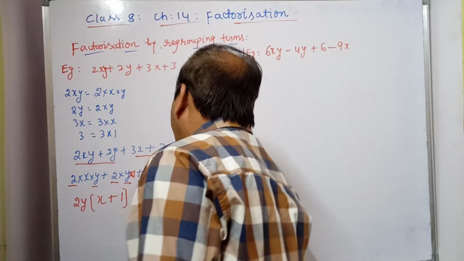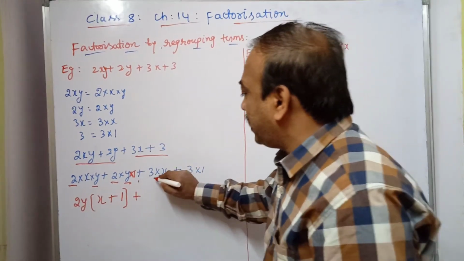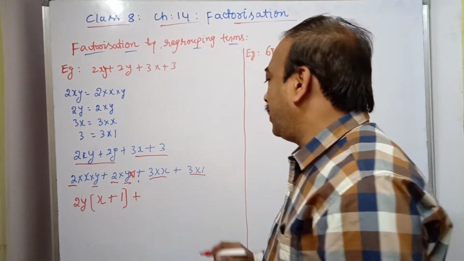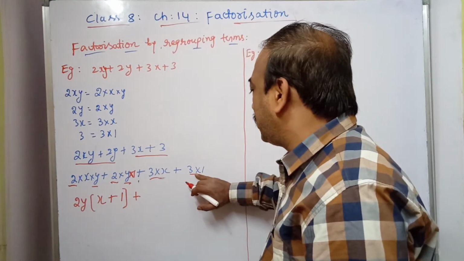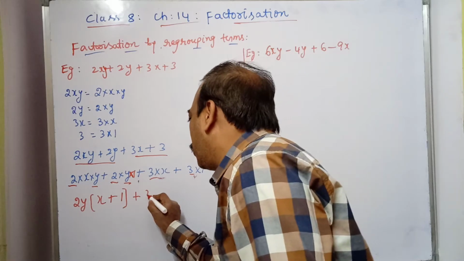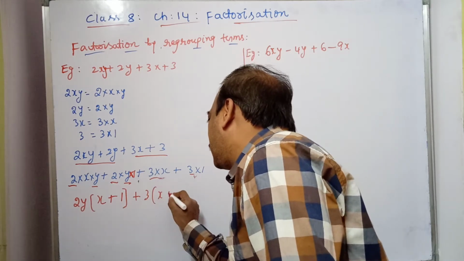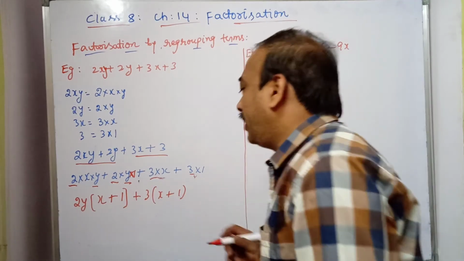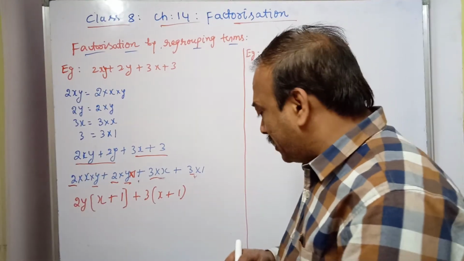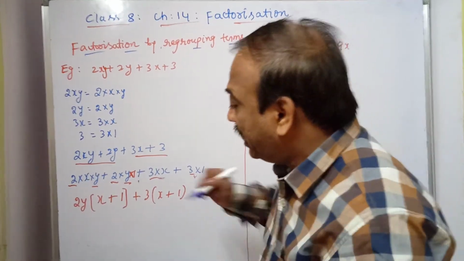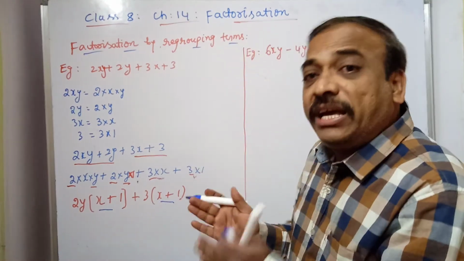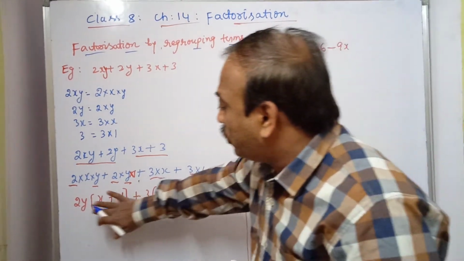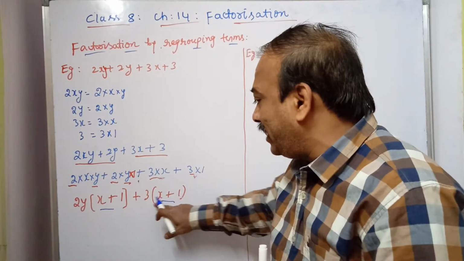Plus, in the next two terms, 3x and 3 into 1, 3 is common in both. So I write 3 outside, then x plus 1. Now x plus 1 is common in both. That is called regrouping, where again we take out the factor. Here 2y into x plus 1, and 3 into x plus 1.